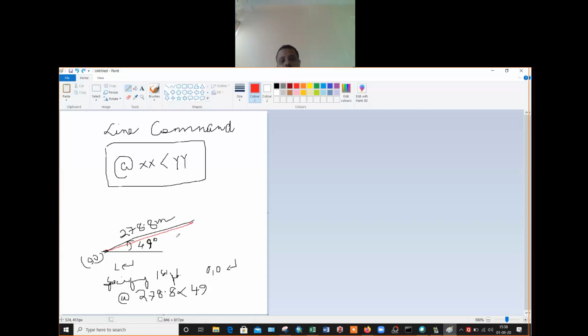Okay, this one. So this thing you remember, this formula. Okay, at rate, this is the length of the line, and this is the angle that you want to draw, and then the angle starts from 0, 90, 180, 270.